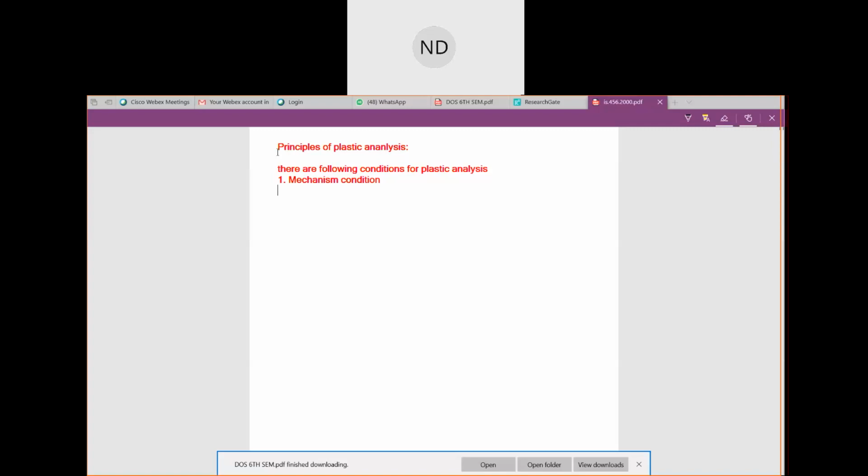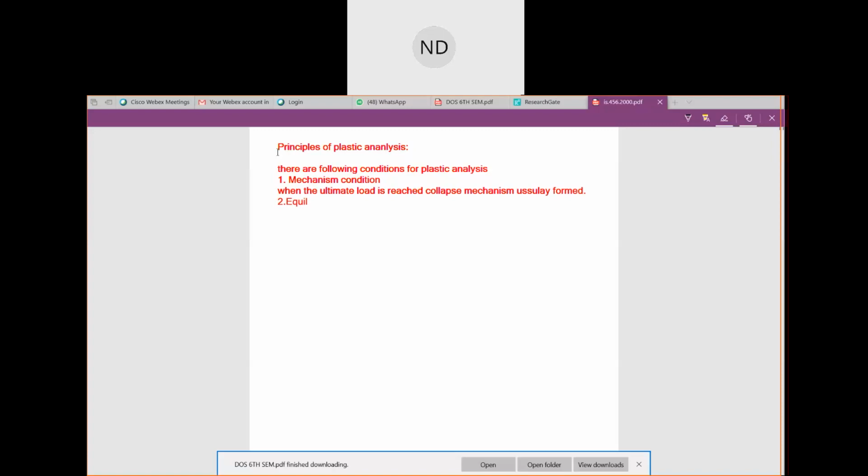You can write here: when the ultimate load is reached, a collapse mechanism is usually formed. Then number two is the equilibrium condition.